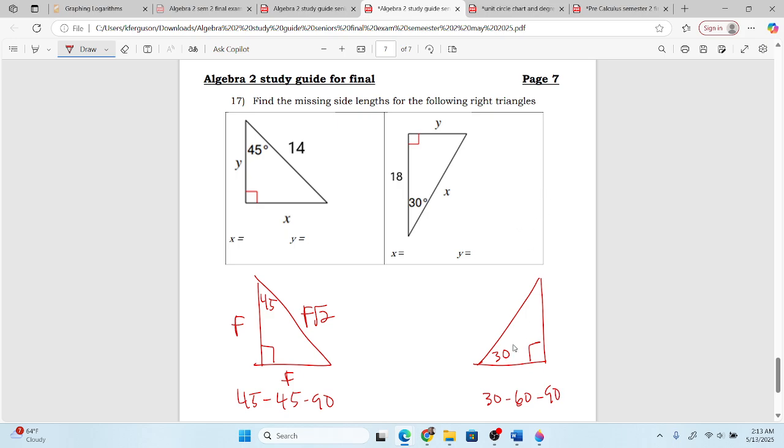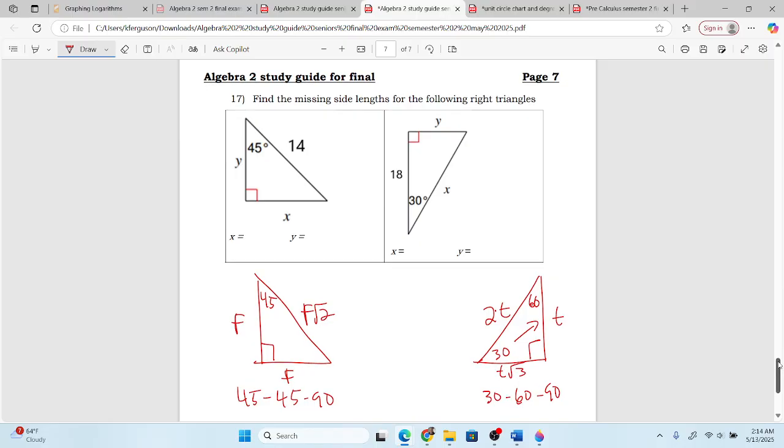So if I start with that side that's opposite the 30-degree angle, we're going to call that T for 30, I guess. And so then the hypotenuse is 2 times T. And then the side that's opposite the 60-degree angle, that is T times the square root of 3.